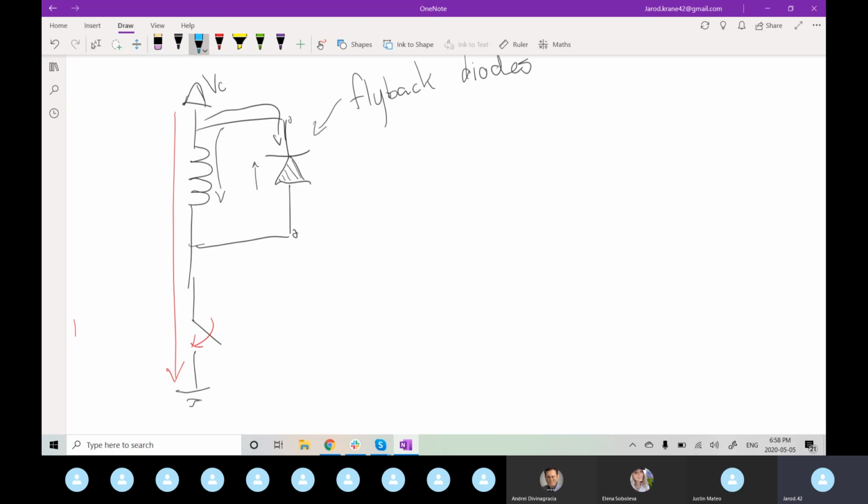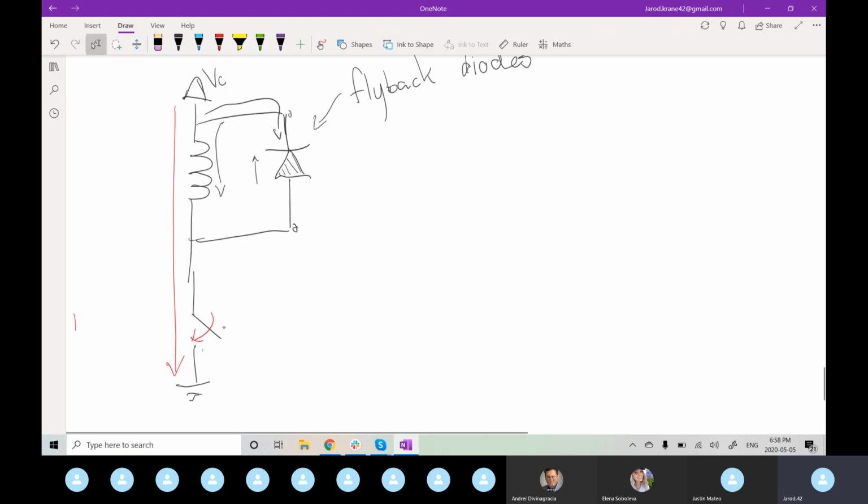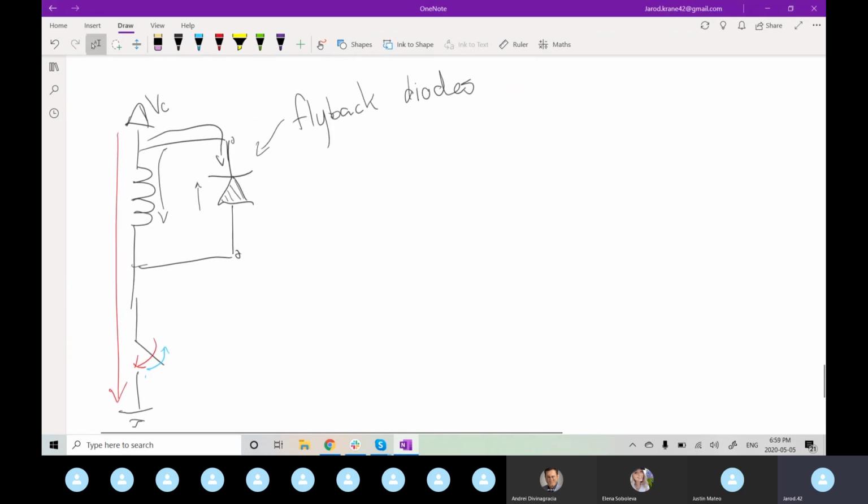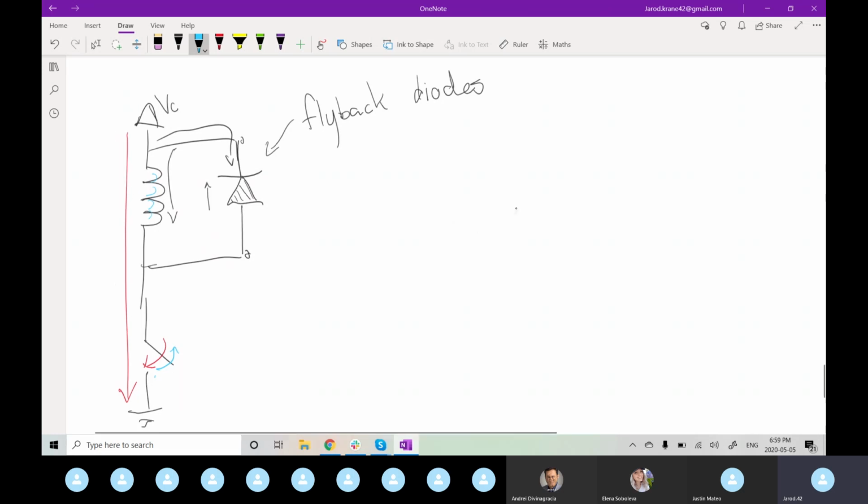Now, when we get to the point of opening our switch, there's still going to be some built-up charges within our coil, because again, it doesn't like instantaneous changes to current. So we will see some current flow, some power left in our system.